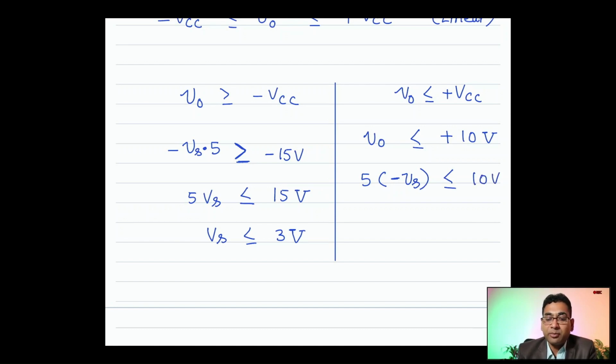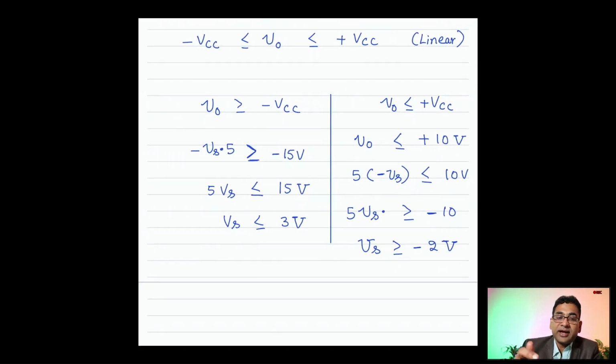Multiply both sides by a negative 1. 5 times Vs should be greater than or equals to negative 10. Therefore, Vs should be greater than or equals to negative 2 volts.